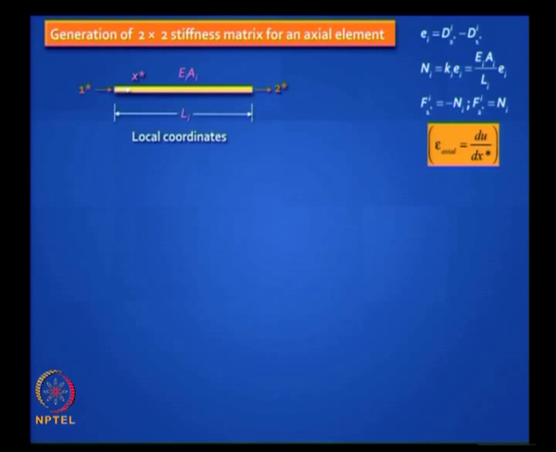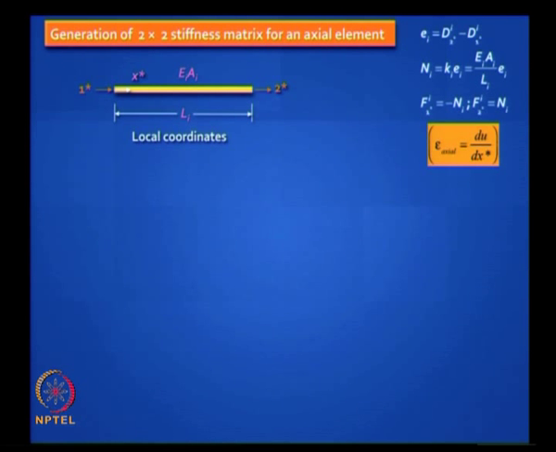The elongation. If the elongation is known and it is elastic behavior, then the axial force is related to that elongation, and that is simply the axial stiffness EA by L times the elongation, and this must be equal to the end forces. And so do you see those relationships?